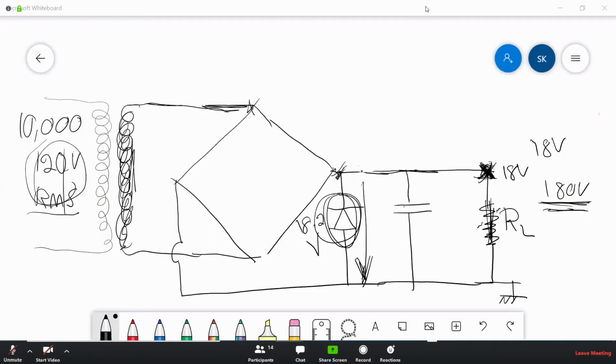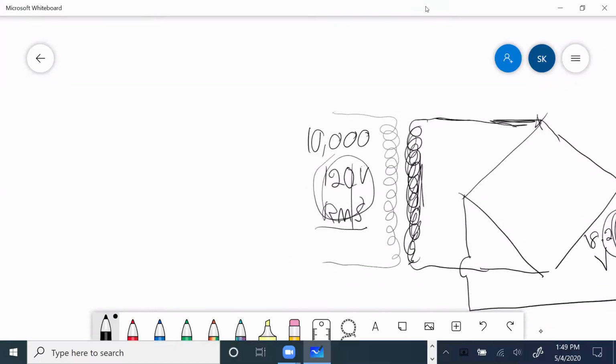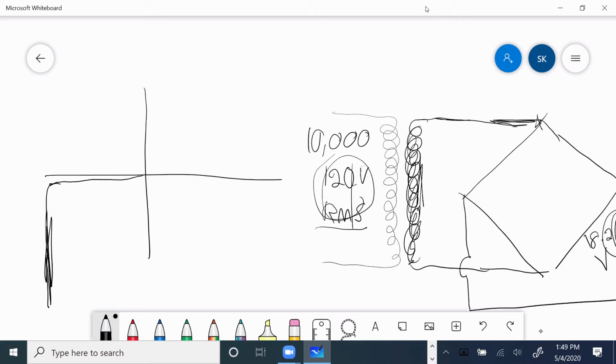Well, the answer to that is actually no, it won't. Let's look at it. Firstly, this surge is at a very, very short time. And don't forget that what we are saying about Zener is that once you go beyond the breakdown voltage, this current is as much as it's necessary.